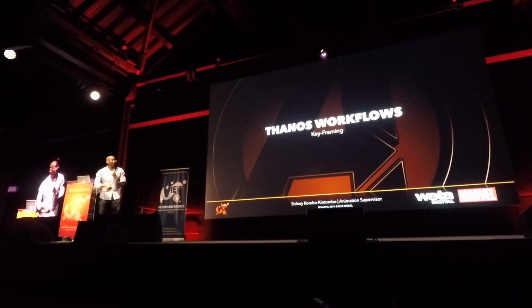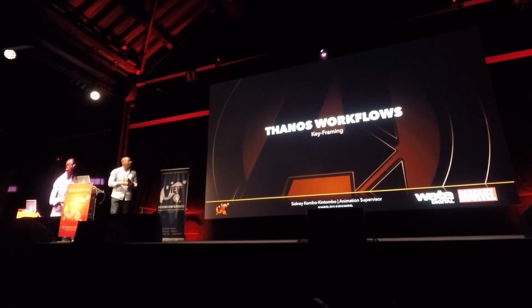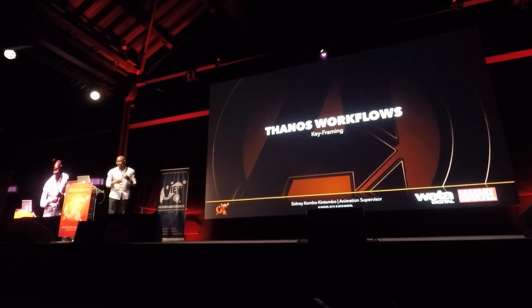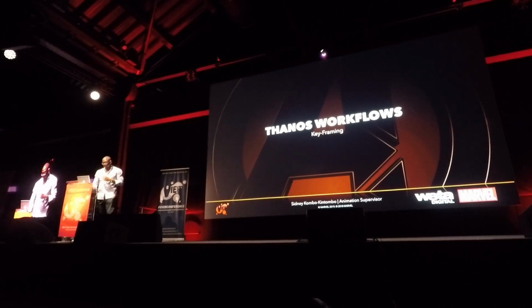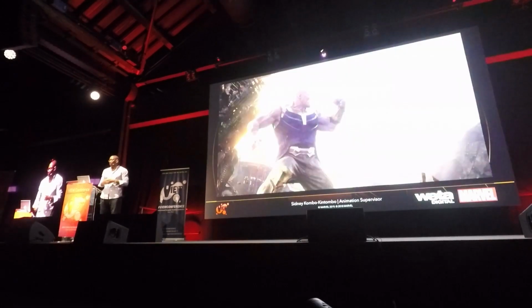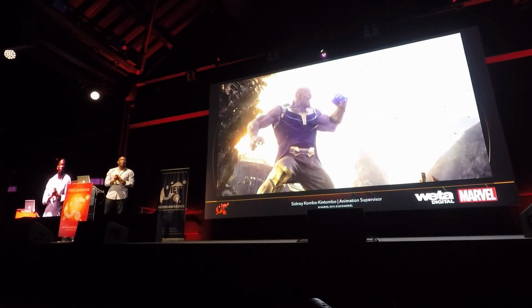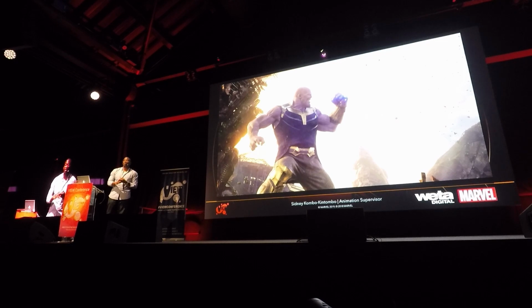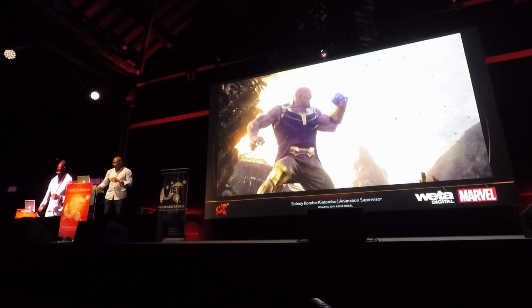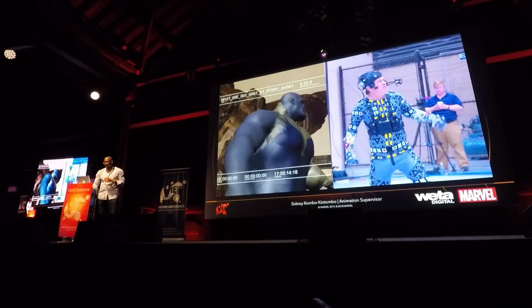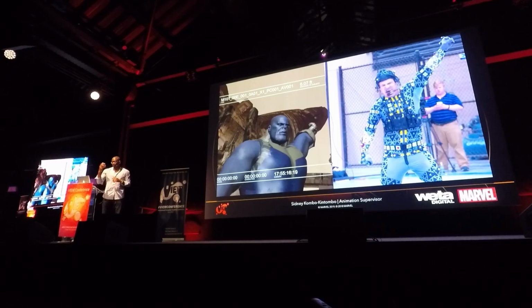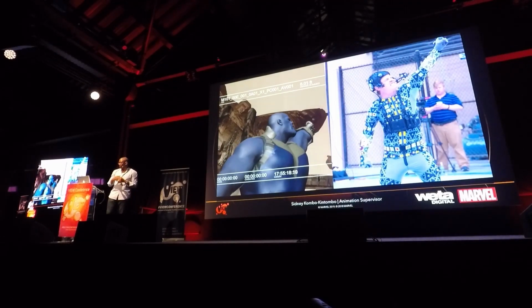Another part of the animation workflow we had to come up with for Thanos was simply keyframing. And that usually came when the previs and the performance from the performer or Josh Brolin didn't really match what Marvel was after. In this case, for instance, that's the moon pulling shot.